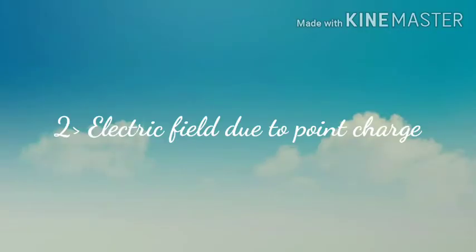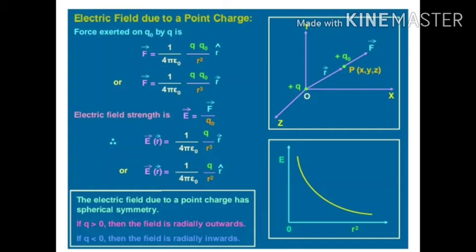Number 2, electric field due to a point charge. Look at the picture. We have to calculate the electric field due to the charge Q situated at the origin. Force exerted on Q0 by Q is F vector is equal to 1 by 4 pi epsilon naught Q Q0 by r square r cap.